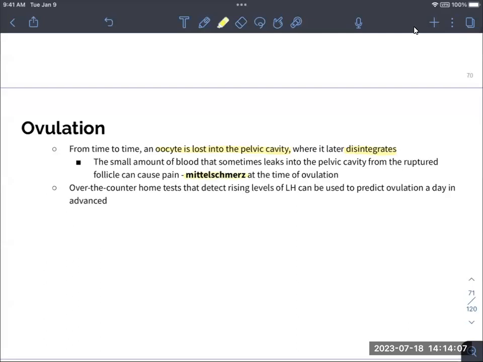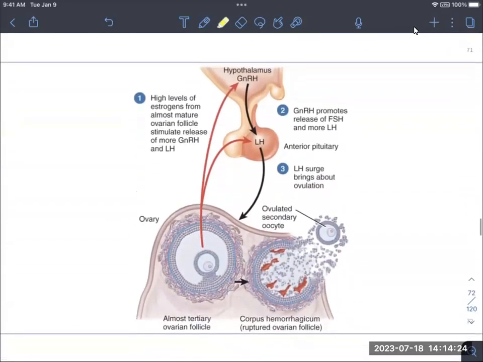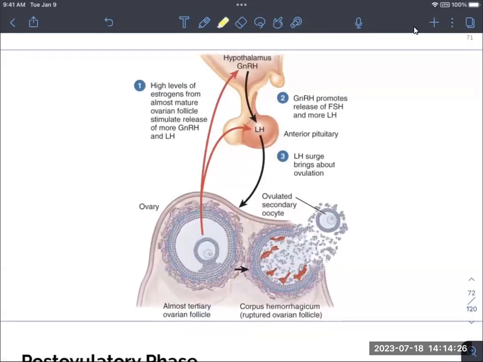That's what this is known as. There are different home tests that can detect that rising level of luteinizing hormone that can help to predict ovulation a day in advance. So all of these different hormones are causing more hormones to be released that are helping to mature and get this oocyte ready to be released out.